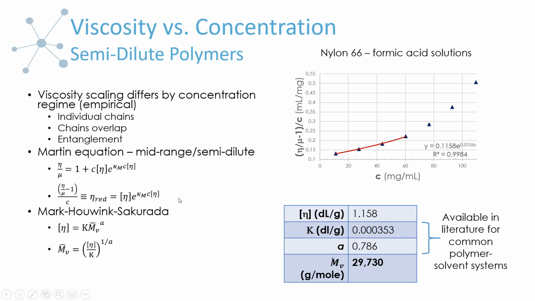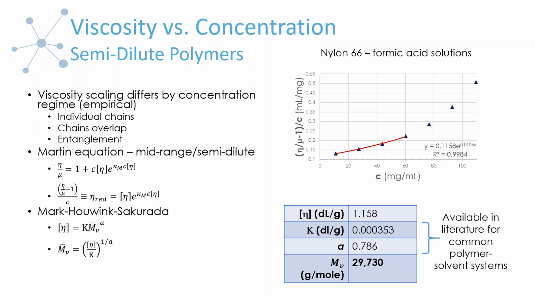And now we see that this is an exponential function because it's meant to handle something that's beyond infinite dilution and more into the semi-dilute range. I'd probably call it semi-empirical because if you take the limit as c goes to 0, it does go to the proper equation, but then the exponential part and these additional parameters are really just introduced and shown to work empirically by comparing to experimental data.